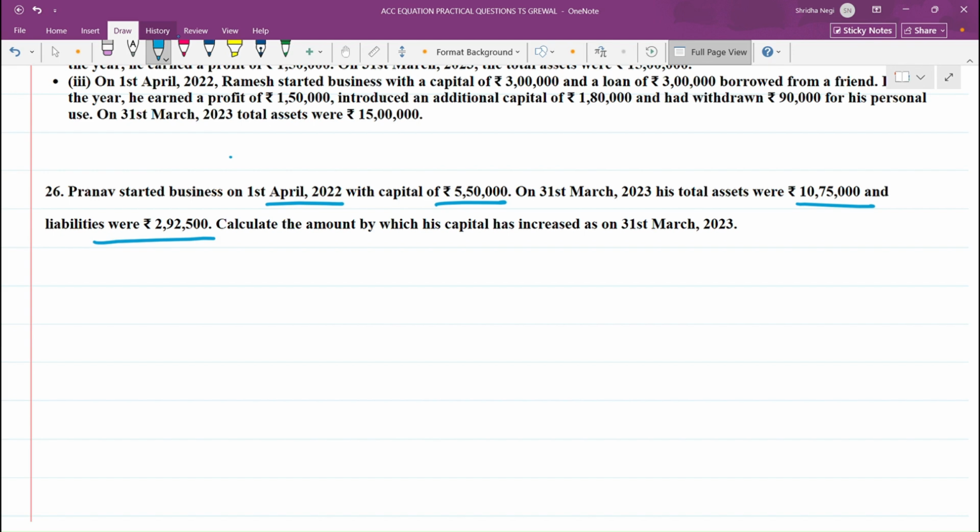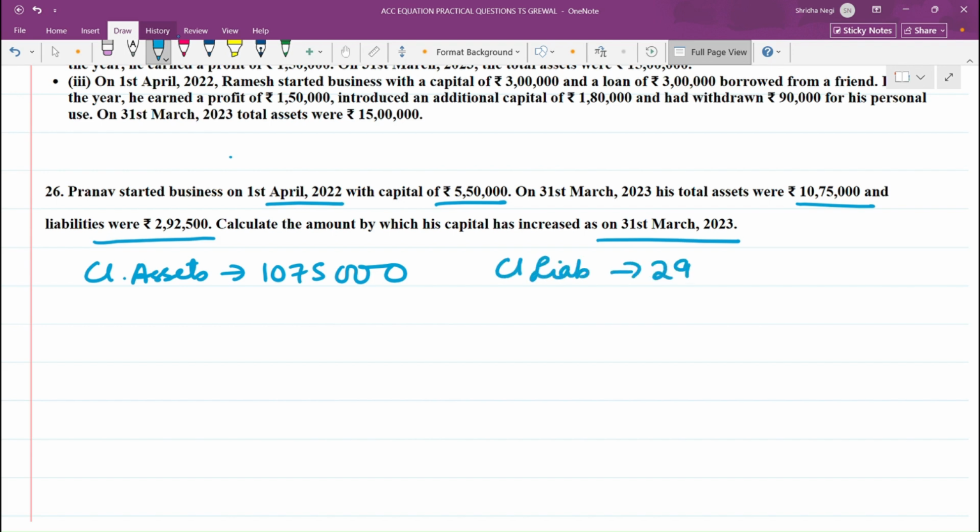Calculate the amount by which his capital has increased as on 31st March. So what has been given to you? Closing assets, which is 10,75,000, and the closing liability, which is 2,92,500.